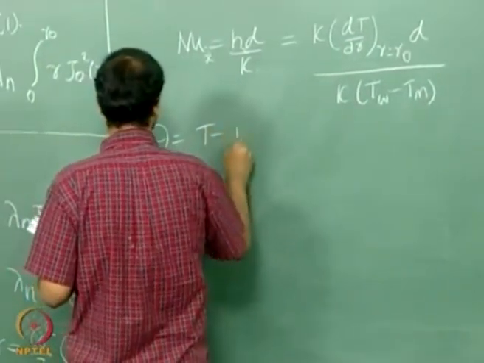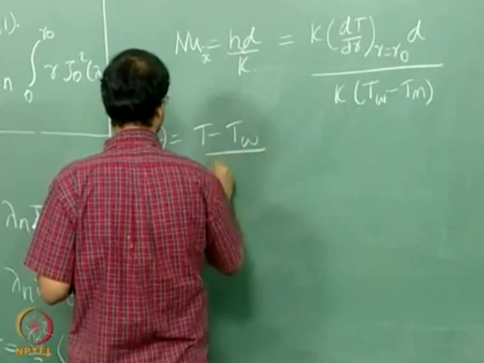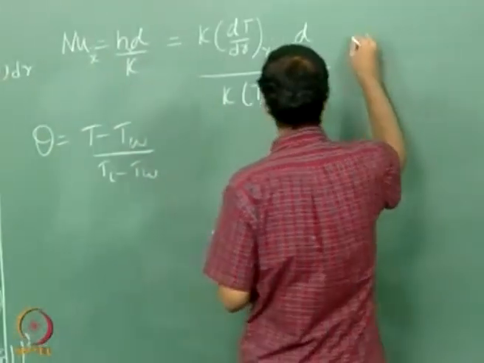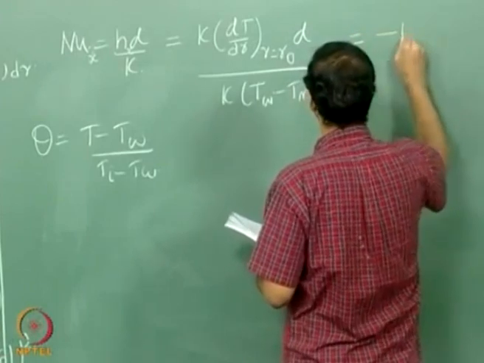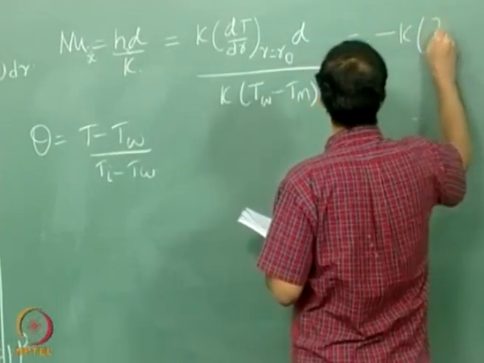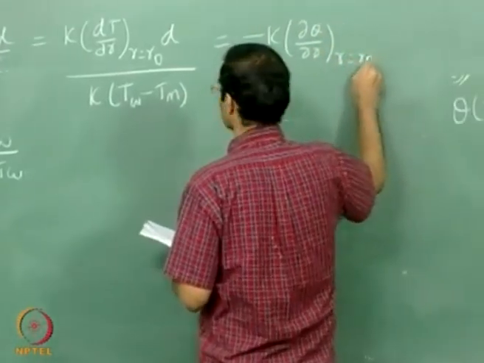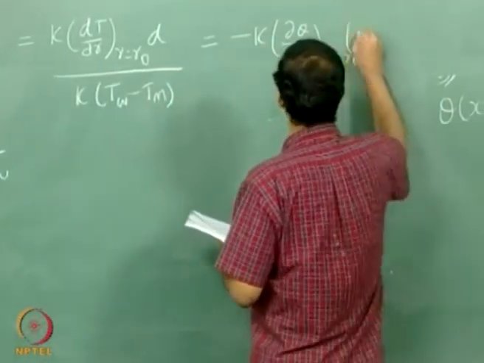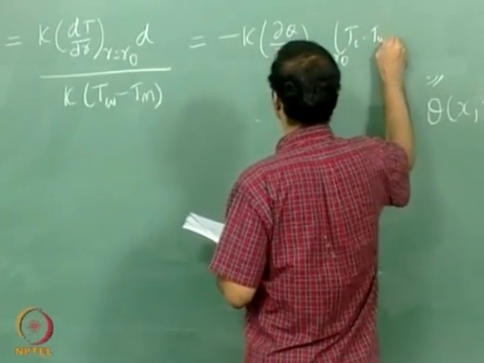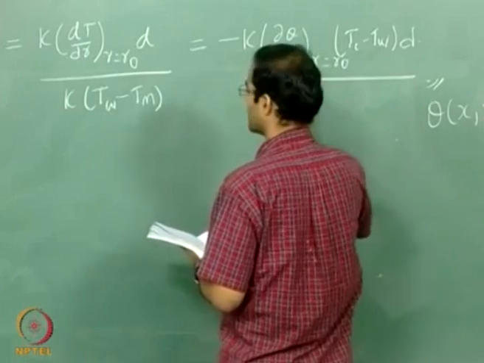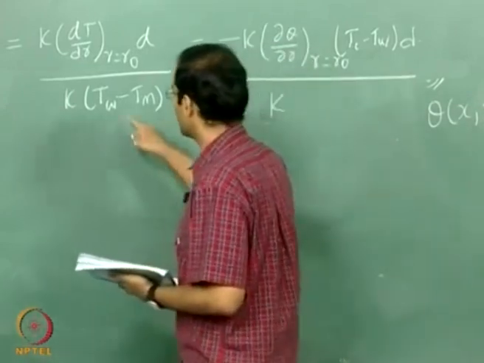Theta is defined as T minus T wall by Ti minus T wall. So I can write this numerator as minus k into d theta by dr at r equal to r naught times Ti minus T wall, into d divided by k times now T wall minus T mean.